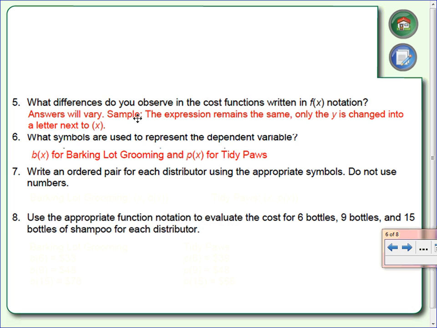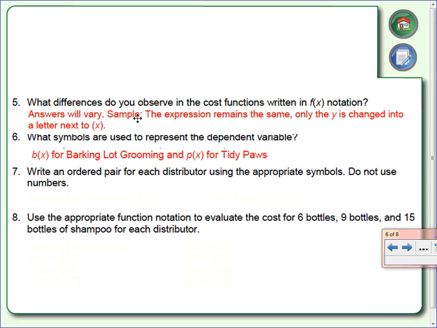It's dependent. So b of x again is barking lot grooming, p of x tidy pause.